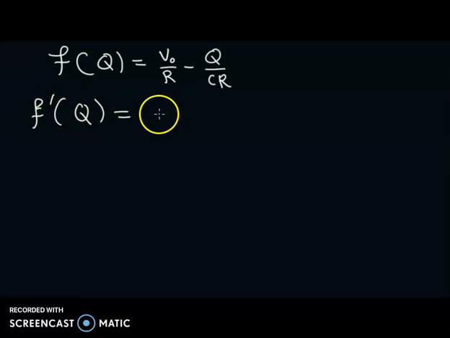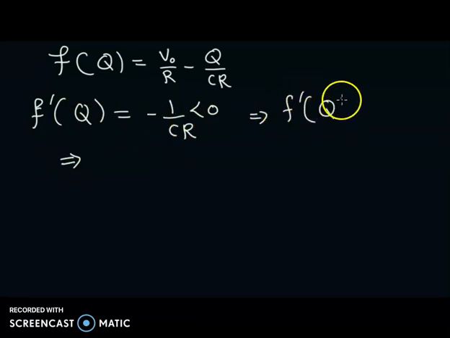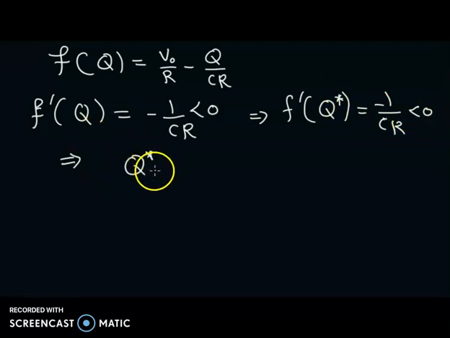Its derivative is minus 1 over C times R, which is less than 0. So for every q, hence f prime of q star, which is CV naught, is also minus 1 over CR, which is negative. So this implies that q star, our equilibrium point, is stable.